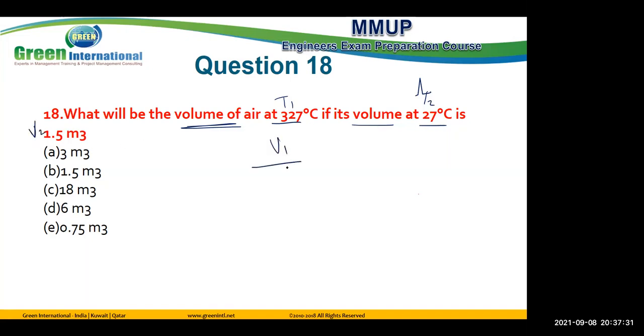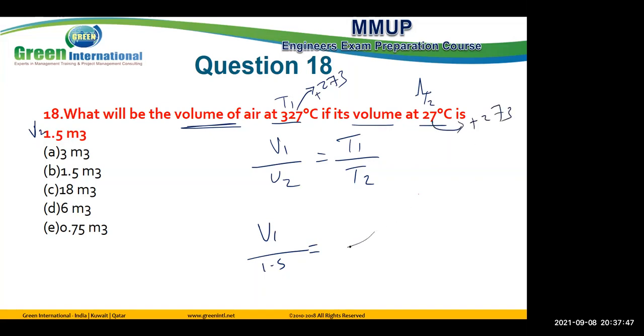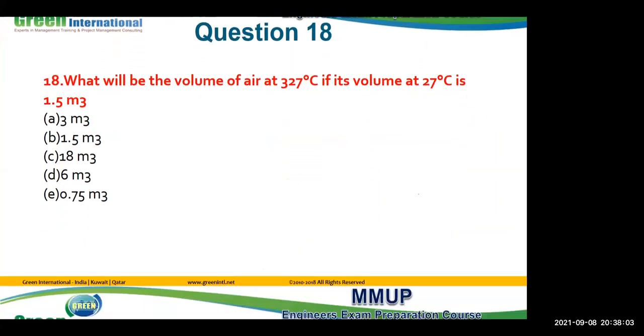So V1 over T1 equals V2 over T2, with T1 plus 273, so T1 will be 300. Answer is A.